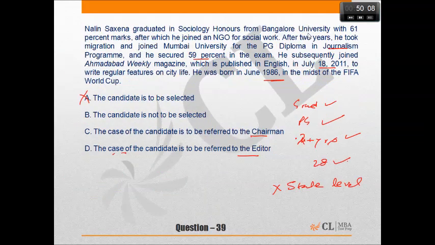What am I missing out? It cannot be chairman. Have I missed out somewhere? Graduation is fine. PG is fine. He subsequently joined Ahmedabad Weekly, which is published in July. Weekly magazine, was it a magazine or a newspaper?